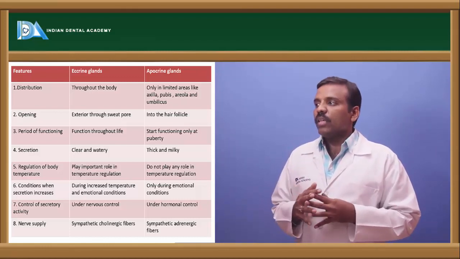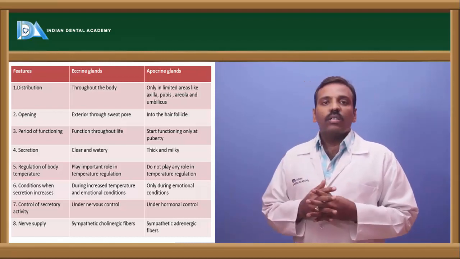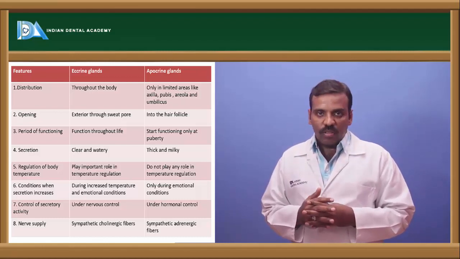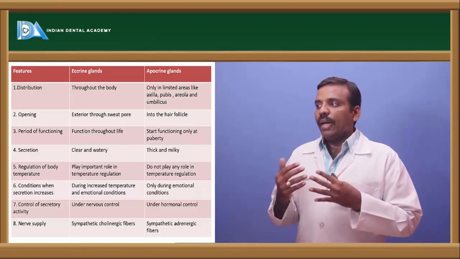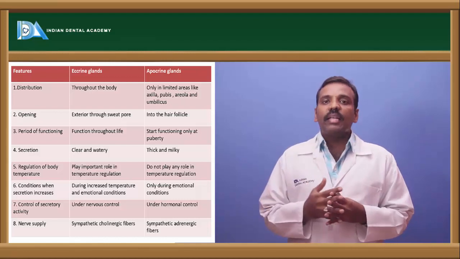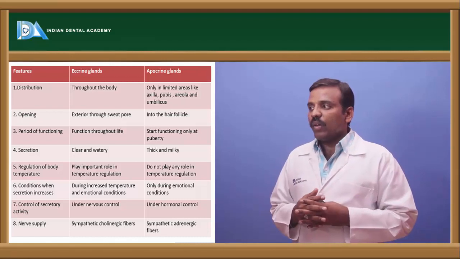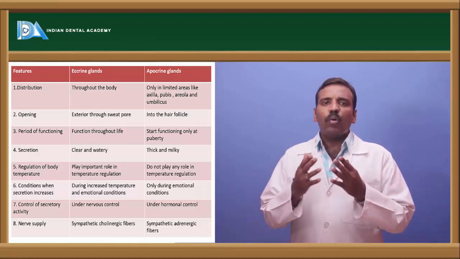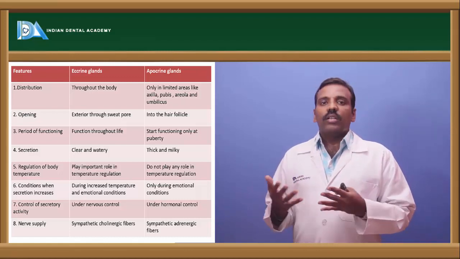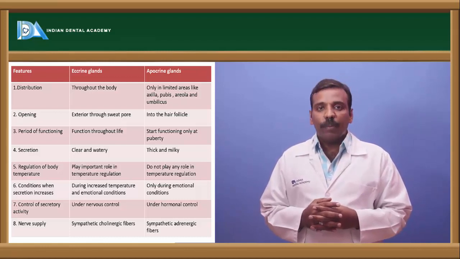Next is the period of function. The eccrine glands function throughout the lifetime, whereas the apocrine glands start from puberty. Next is secretion: eccrine glands have clear and watery secretion, and apocrine glands have thick and milky secretion. Eccrine glands play an important role in body temperature regulation, whereas apocrine glands do not play any role in maintaining body temperature.